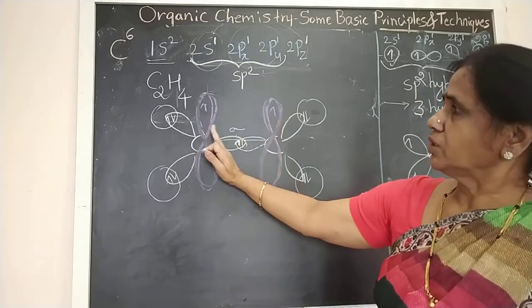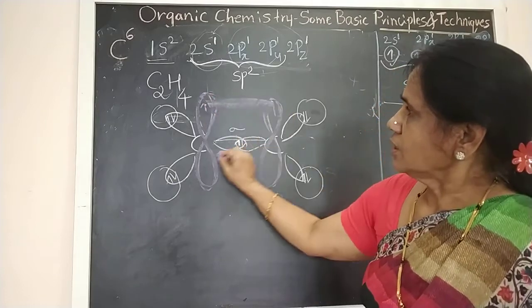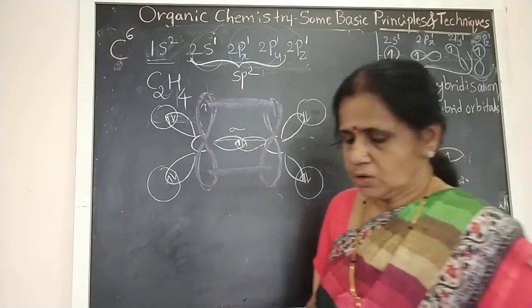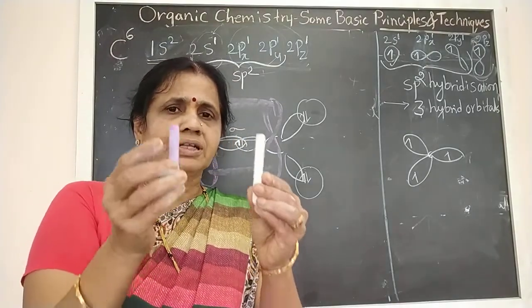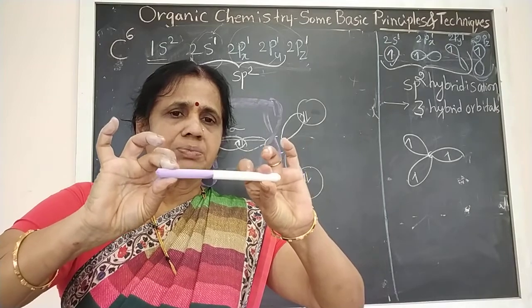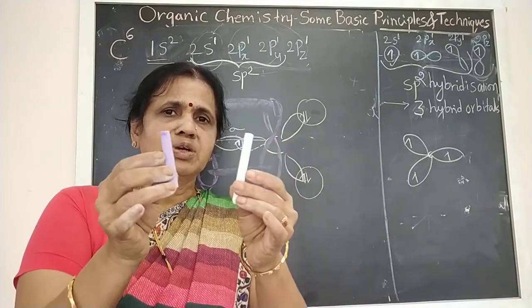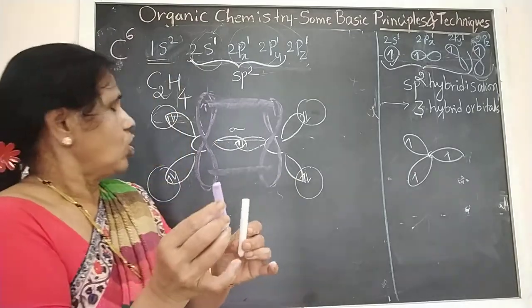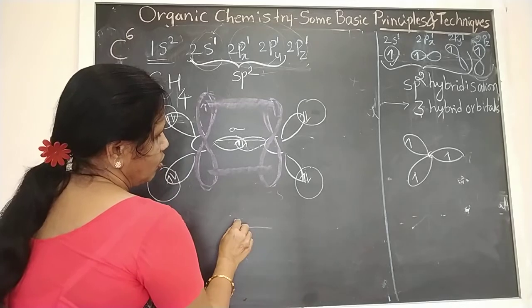They are perpendicular to this plane and they undergo lateral overlapping. Lateral or sideways overlapping means like this. Axial means along the axis, overlapping is maximum, and a sigma bond is formed. But by the lateral overlapping of the unhybridized orbitals, they form the pi bond.